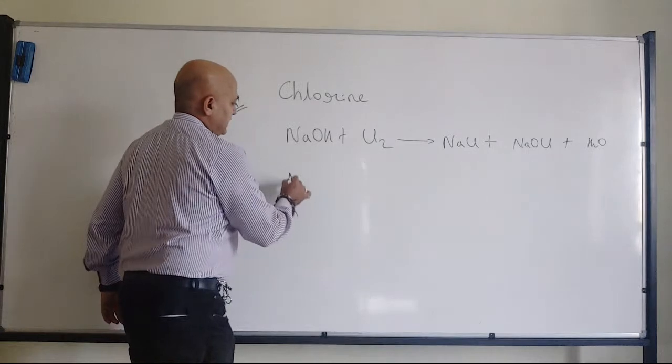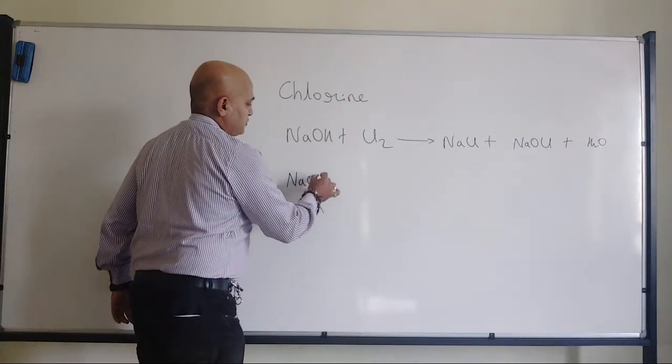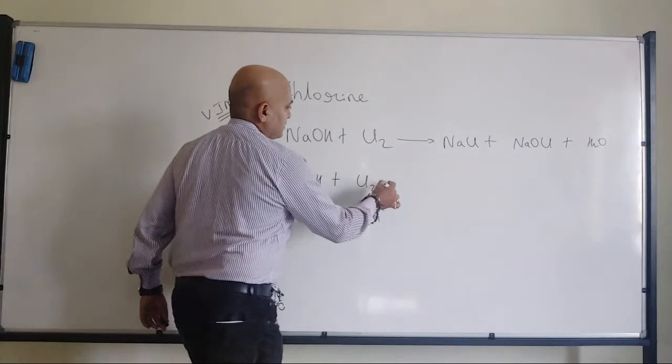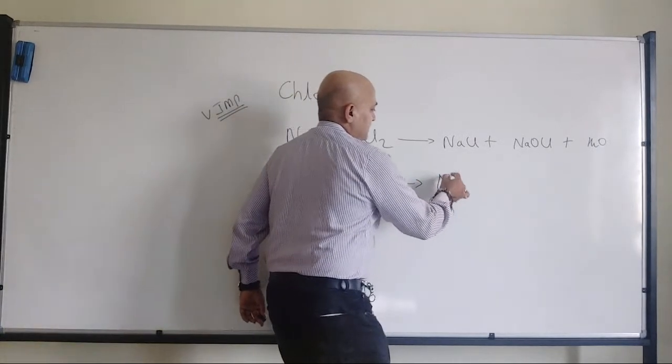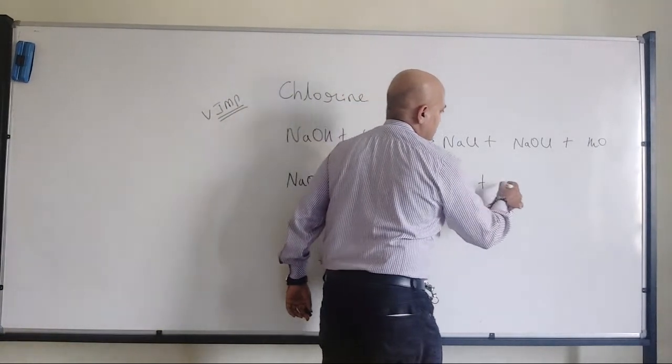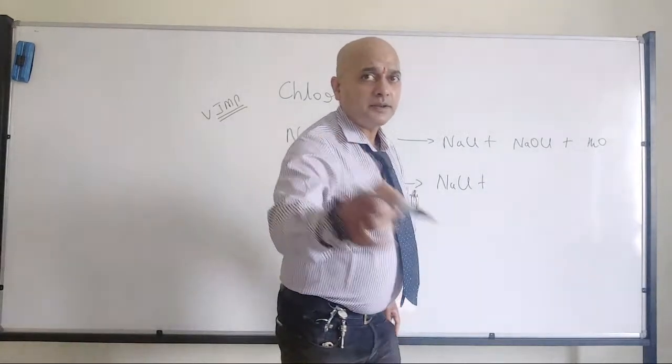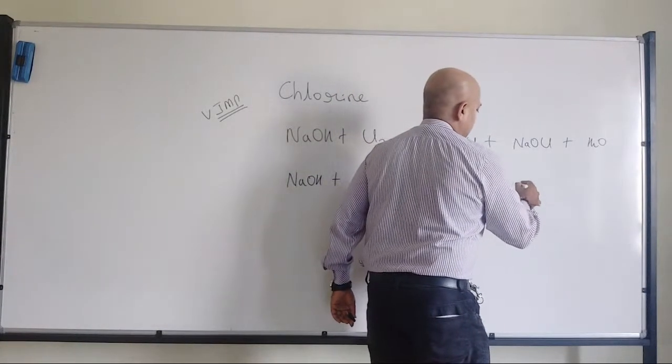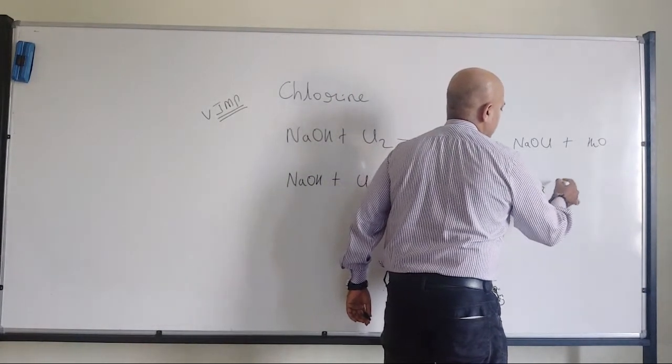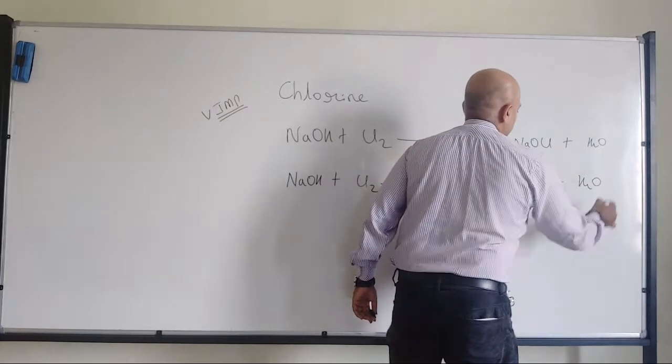So before that, I will write another reaction. Sodium hydroxide with chlorine. In another reaction, it will form NaCl, and NaClO3 plus H2O.